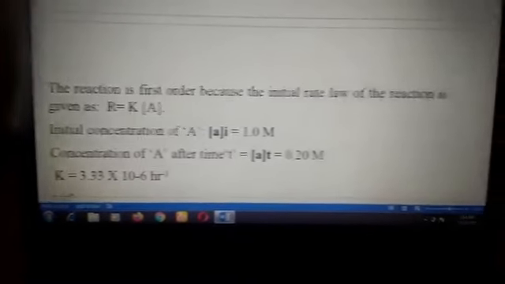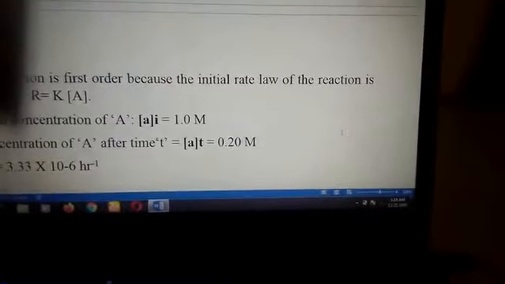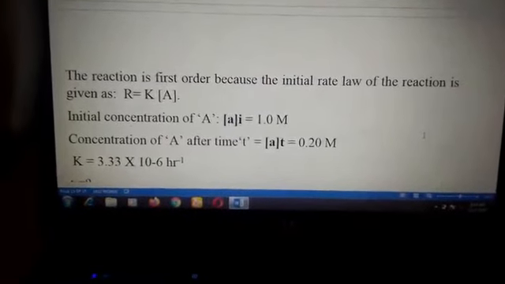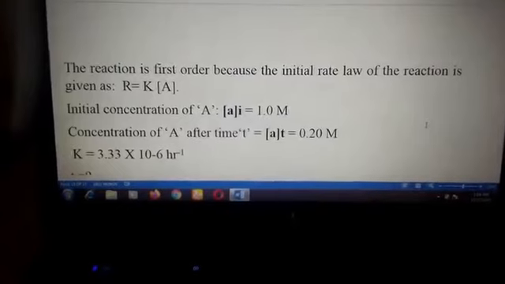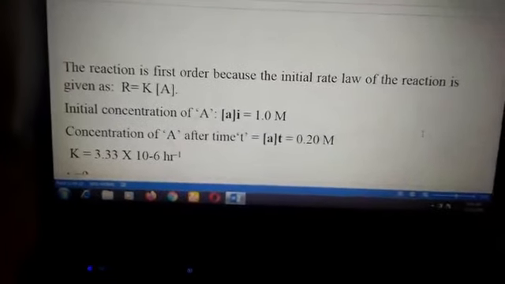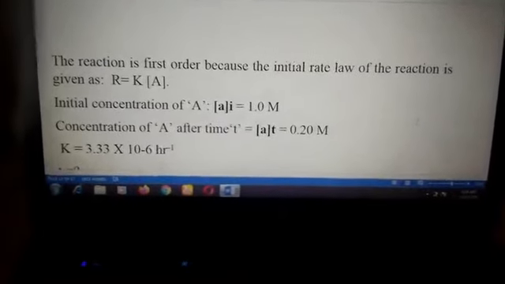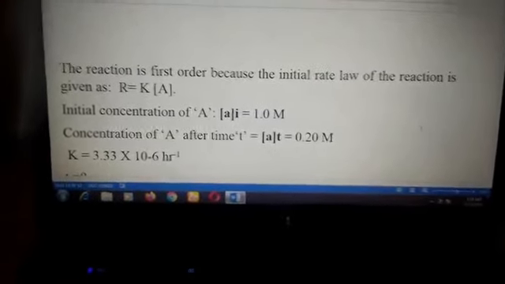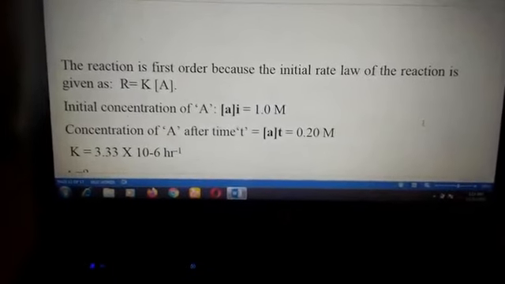The reaction is first order because the initial rate of the reaction is given as R equals k times [A], and that A is raised to power 1, as I explained before. So the initial concentration of A, which we can take as Ai, is given as 1.0 mole per dm³.